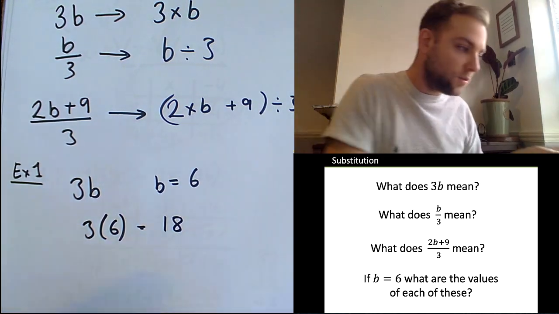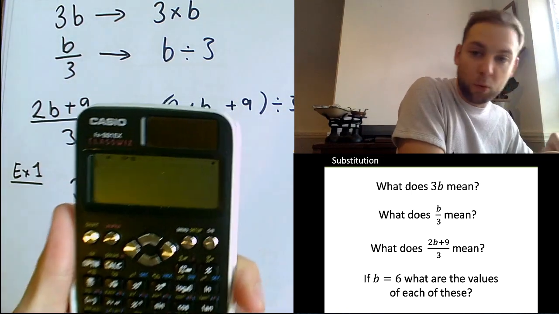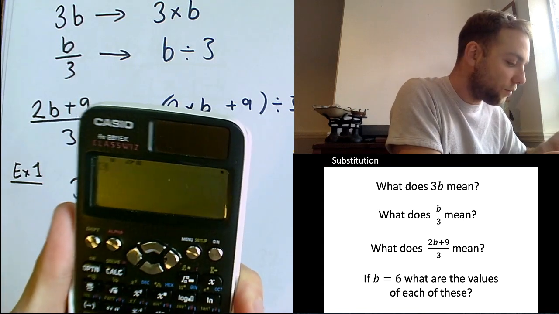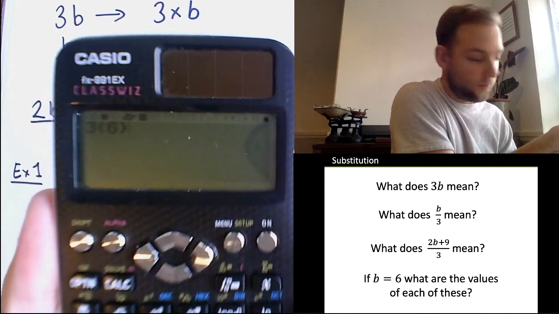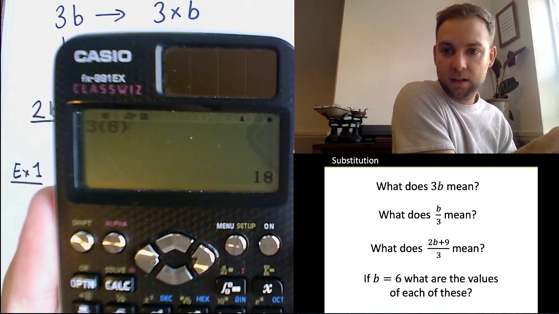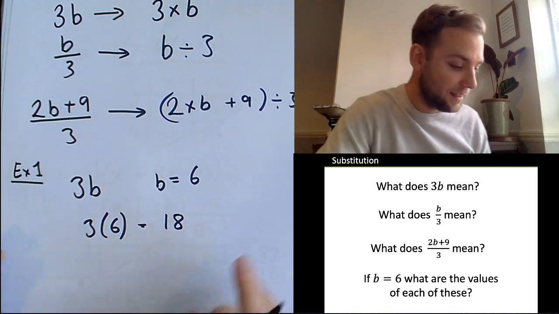The reason I use this technique is because when we get to the harder ones, and when we need to use a calculator, you can put that straight into a calculator. Notice if I go 3 bracket 6 like that, that means 3 times by 6, which is 18. It is a handy technique, and it's handy to know.